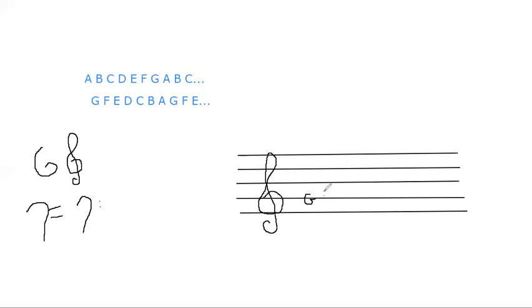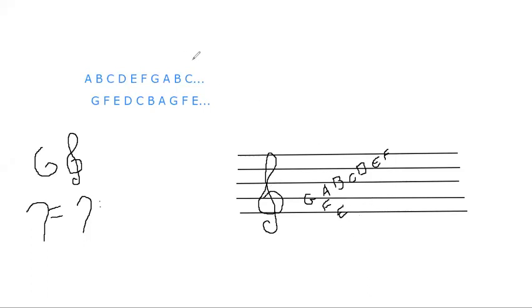So for the treble clef, here's G, and A, and B, C, D, E, F, all the way to the top of the staff. That's fifth line F. And if I'm going down, then I'll go backwards. So G, F, E. And so the bottom line is E.